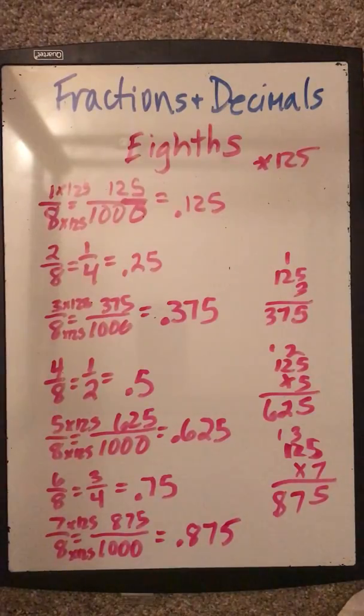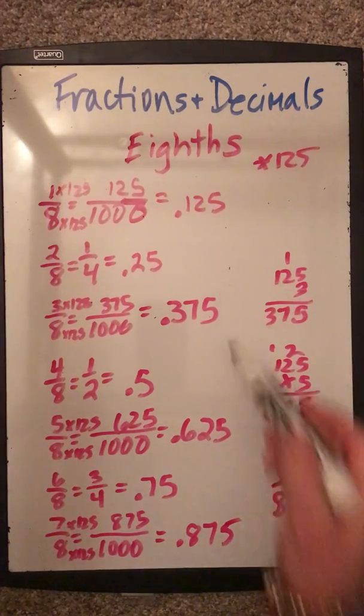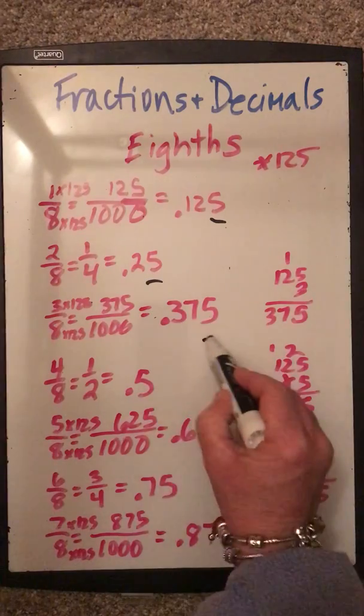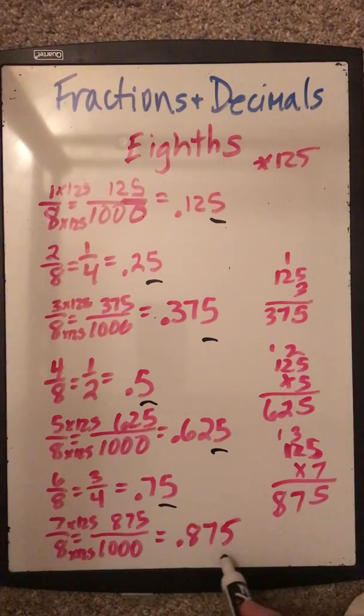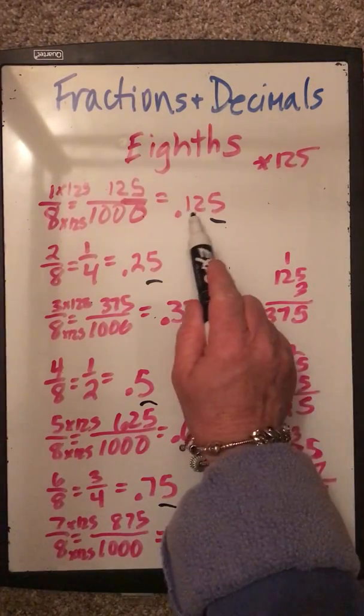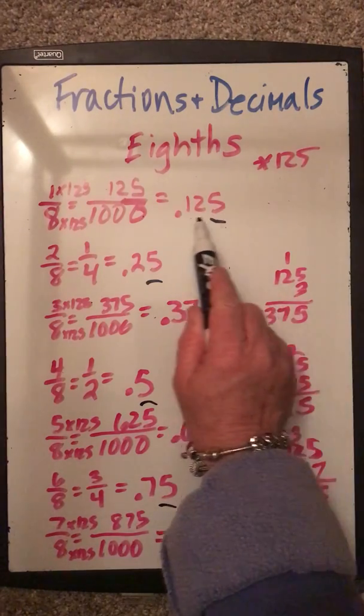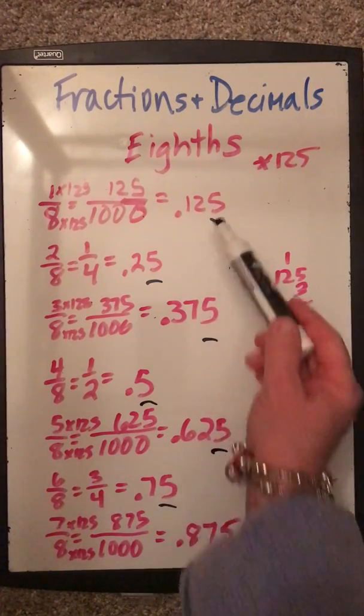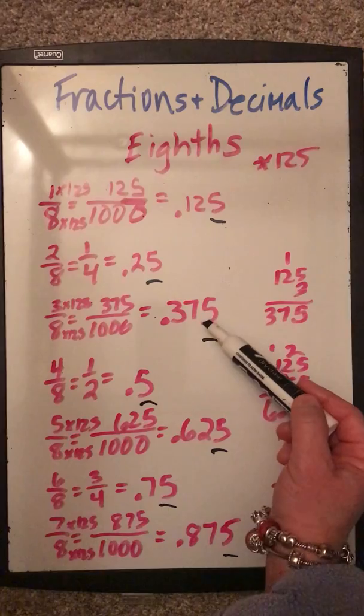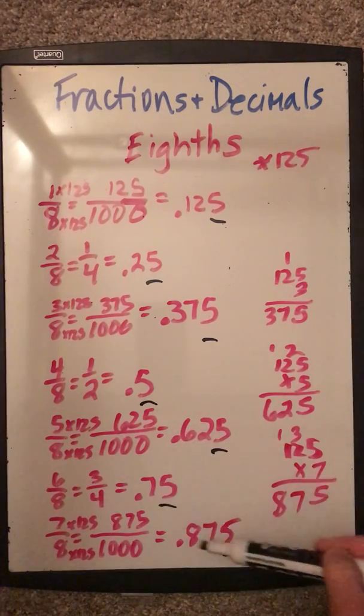Okay, so now you want to look at these, and we want to just notice the pattern that we have going on here. All of these numbers end in a 5. The number of digits goes 3, 2, 3, 1, 3, 2, 3.